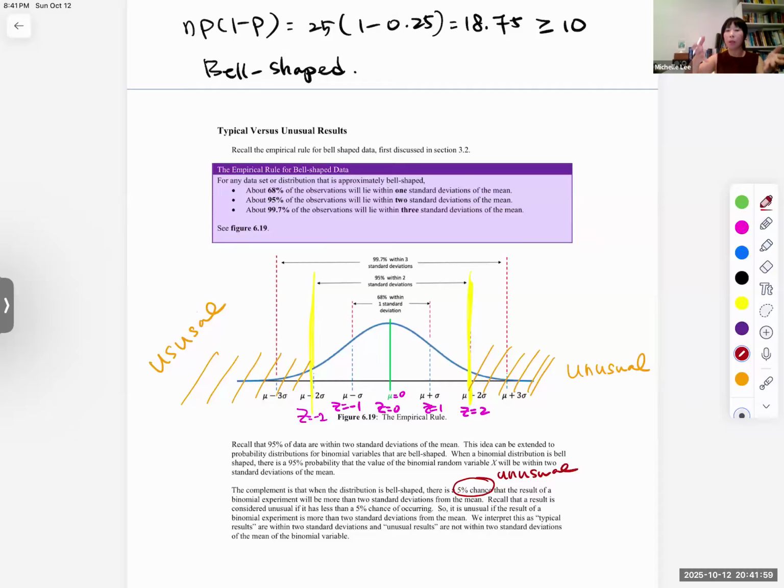And then we can make mu minus 2 times sigma on the left side, and mu plus 2 times sigma on the right side, right? Make sense to you? All right.